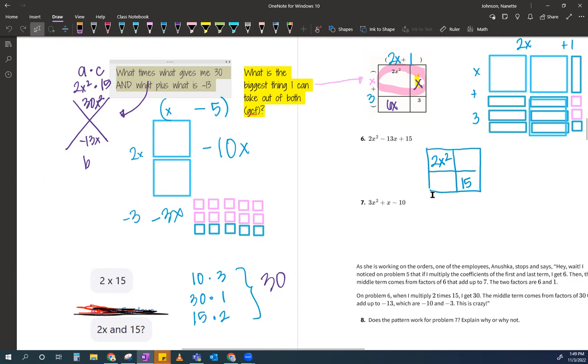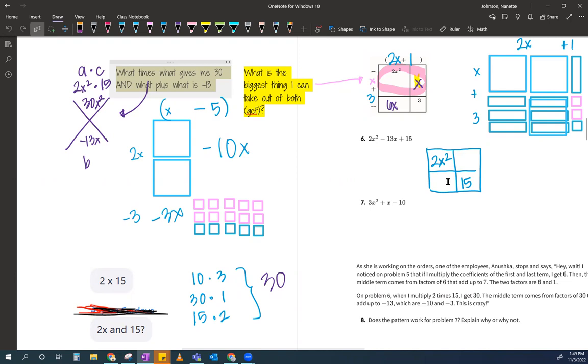Uh-oh, it's not catching up to me. Hold on. Computer, I'm being very patient with you. Okay, I'm going to pretend that it says that.